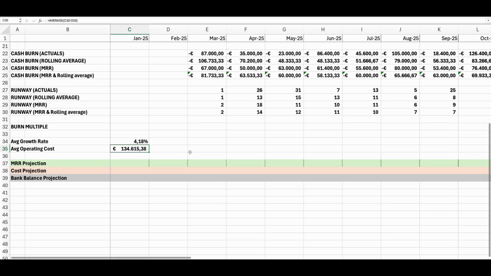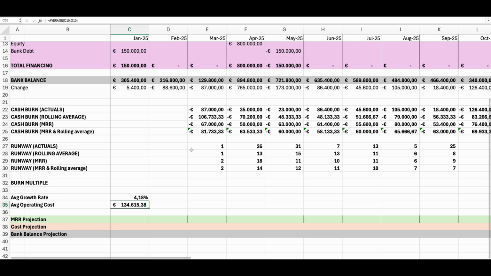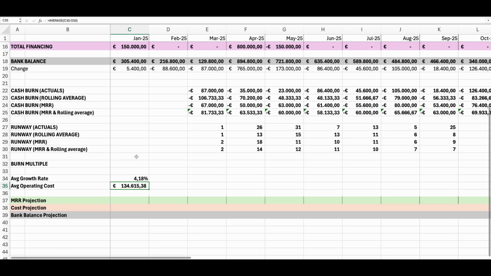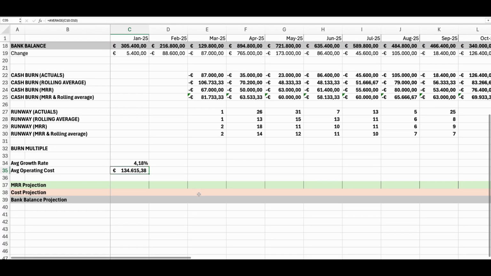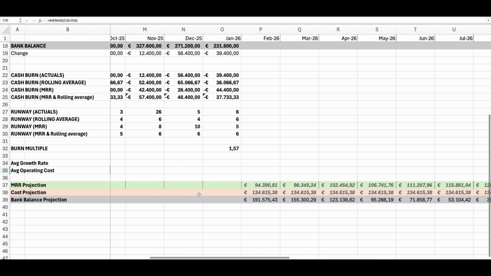And the other thing I'm doing is taking the average operating costs over the entire year. So we're spending about 134 and change per month to keep the lights on.